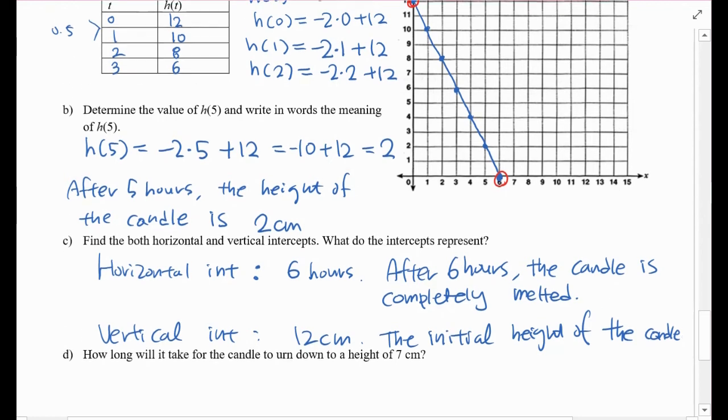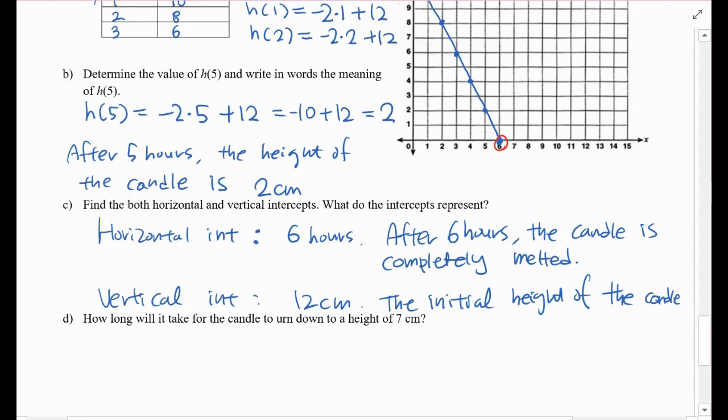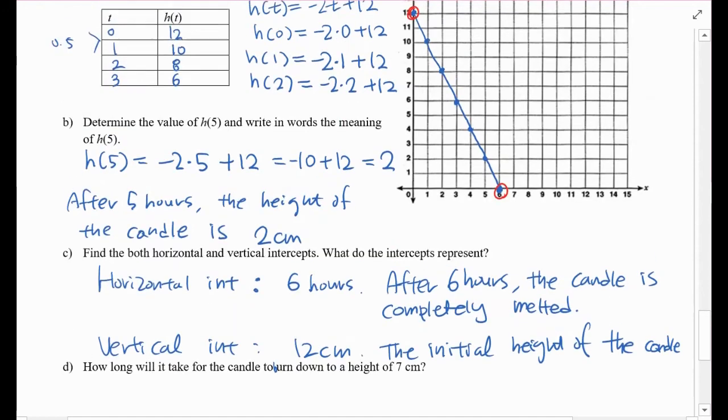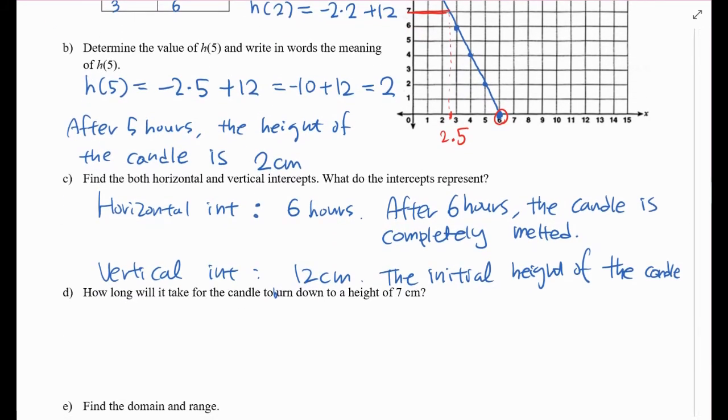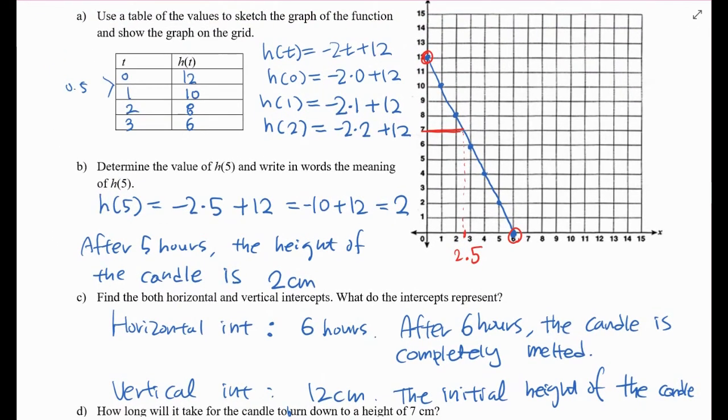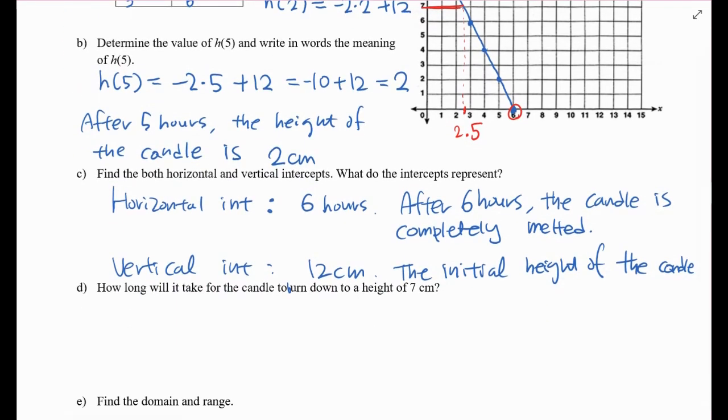Okay, how long will it take for the candle to burn down to a height of 7 centimeters? So h is 7 centimeters. And if you look at the t value, that is 2.5. You can use either the graph or the formula. Using the graph, we know it's 2.5. Or if you use the formula, h of t equals negative 2t plus 12.